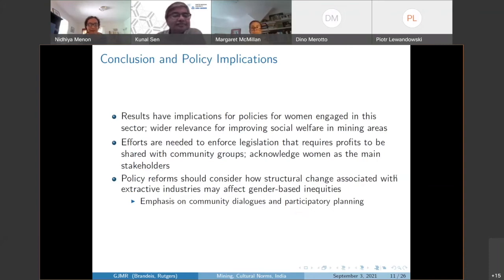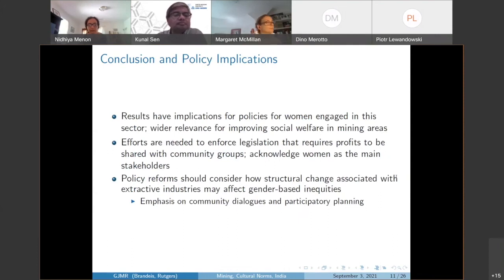So the conclusion, very broadly, is that the results have implications. Mining has often had a bad rap for very good reasons. But what we are trying to say here is, if you look at industries that value women's labor, the outcomes need not necessarily be bad.